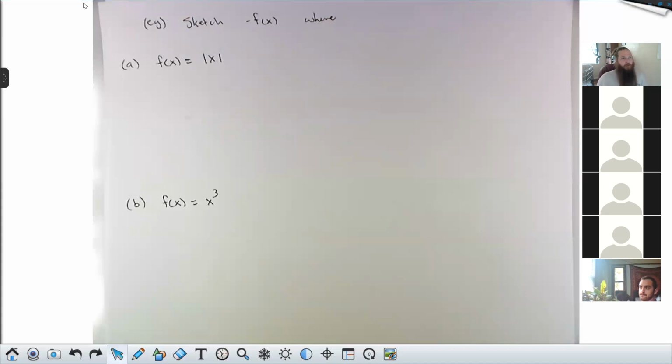All parabolas whose vertex lives along the y-axis, those would all be even functions. But if you shift that parabola left or right, then all of a sudden reflecting it over the y-axis does start to do things. It doesn't necessarily stay the same. So any parabola whose vertex lives along the y-axis will be an even function as well. And you'll see that that's actually equivalent to the answer to the previous question. But let's take a look at these guys real quick.